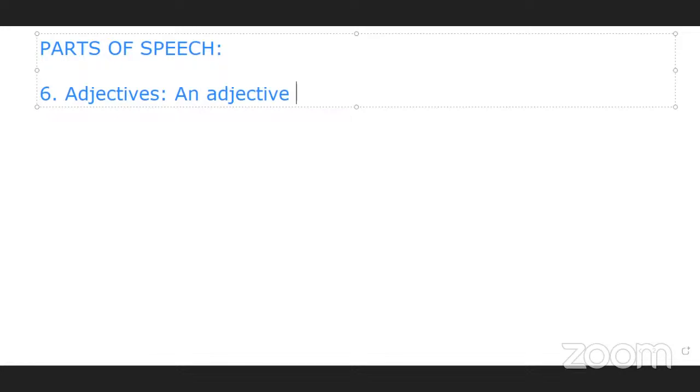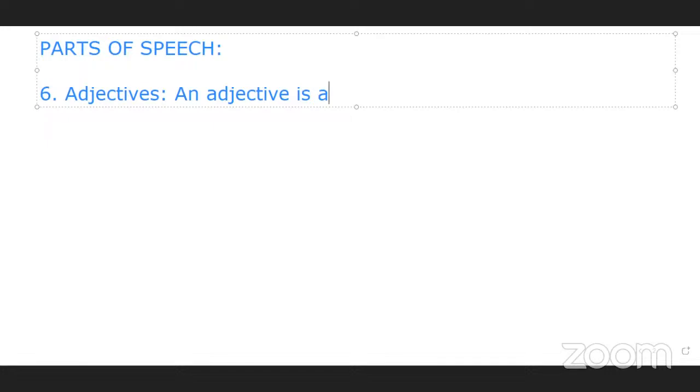That will come under interjections. We will get there. But an adjective is simply a word that describes or qualifies a noun. Like small, big, good.